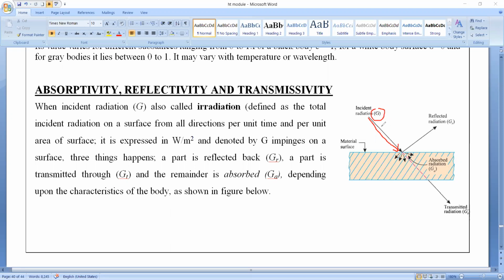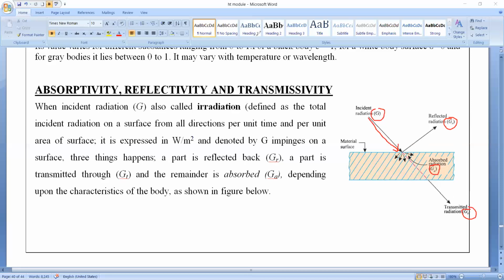Out of the total energy incident on this body, a part of the energy may be reflected, a part may be absorbed, and a part may be transmitted through the body. Now let me take the symbols. The amount of energy reflected is G suffix R, the amount of energy absorbed is G suffix A, and the amount of energy transmitted is G suffix T.